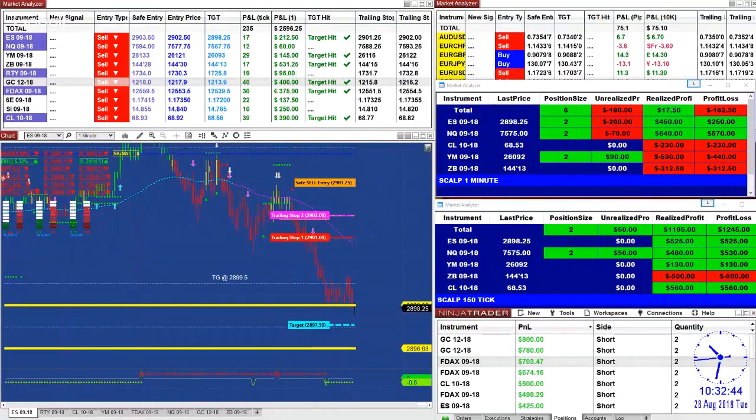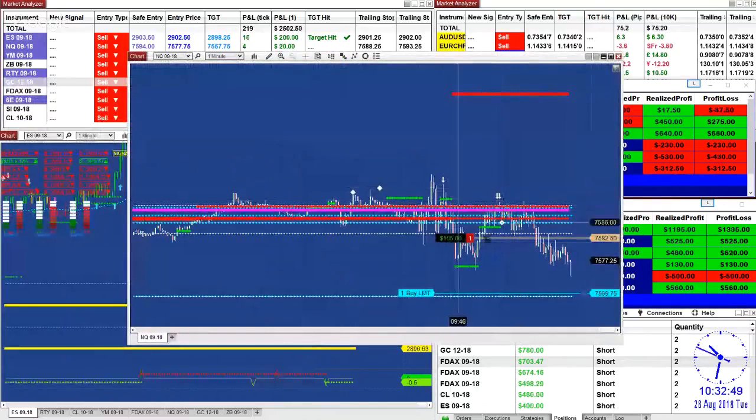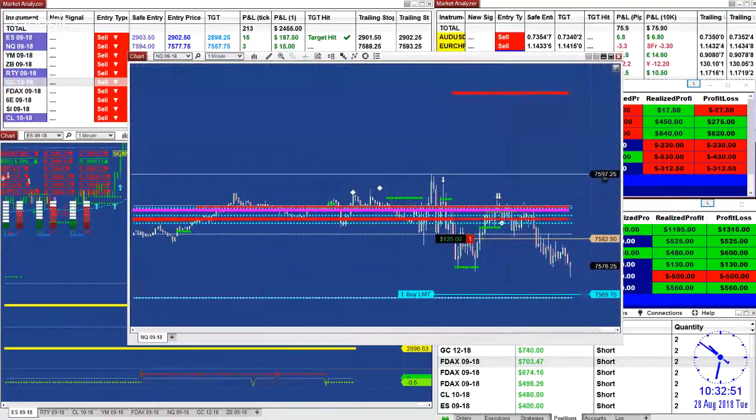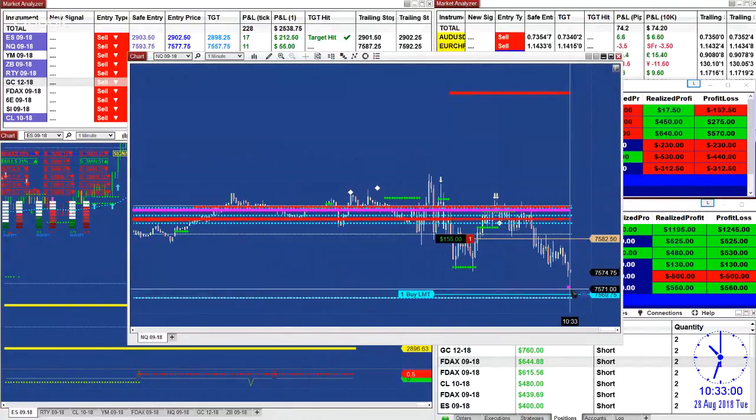So, guys, for the ones that are following me on that trade we called for you today on the NASDAQ, the target so far is 69.75, and we're still on that target. Okay, we have a new support line.